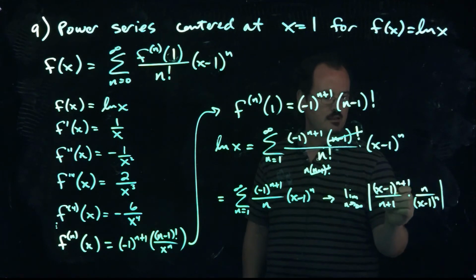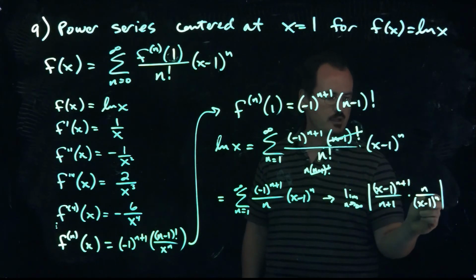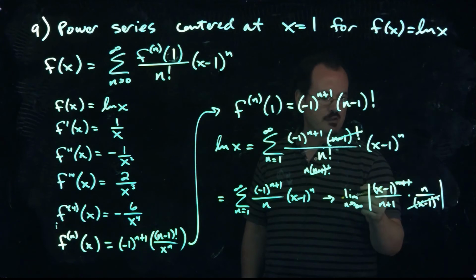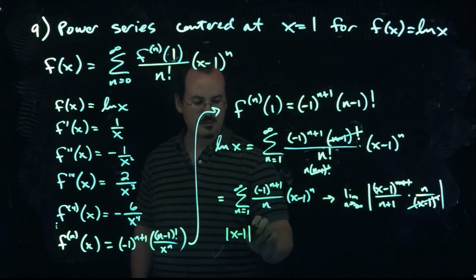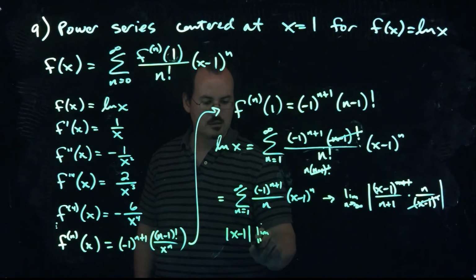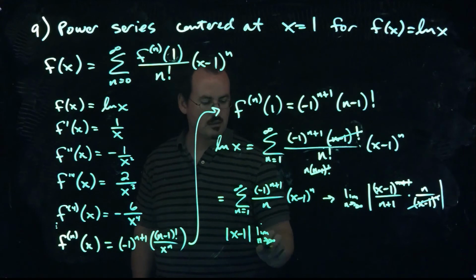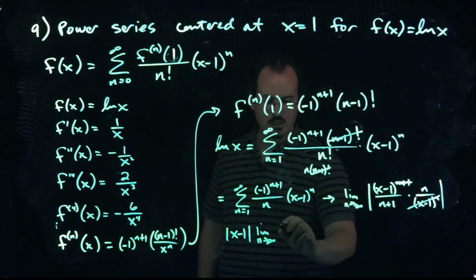And then you can see that just like before, we have n plus 1 power here, n power here. That basically cancels all of that, and so all I have left is the x minus 1. So I've got x minus 1 times that limit of what's left, n over n plus 1.